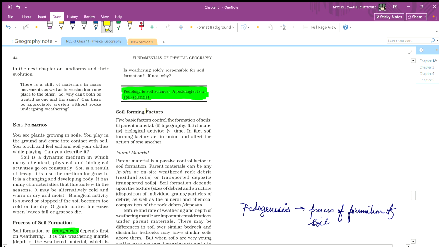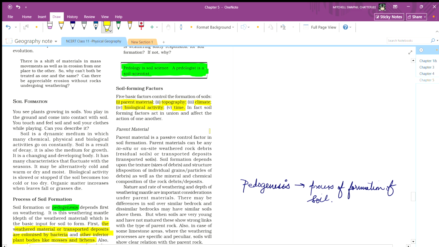Soil forming factors. Five basic factors control the formation of soil. First is the parent material, basically the rock. Next, the topography of that area. Then climate, biological activities like organisms eating away at and penetrating the rock, and time. The more the time, the more refined the rock.